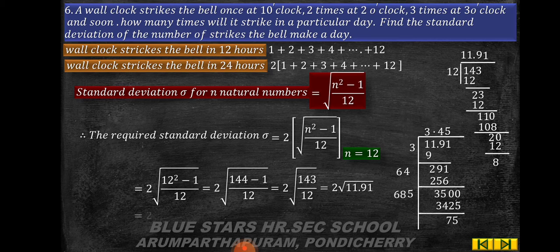The remainder is 75. Therefore, we get square root of 11.91 is nothing but 3.45, which is equal to 2 into 3.45 is equal to 6.86. Therefore, sigma is approximately equal to 6.9.